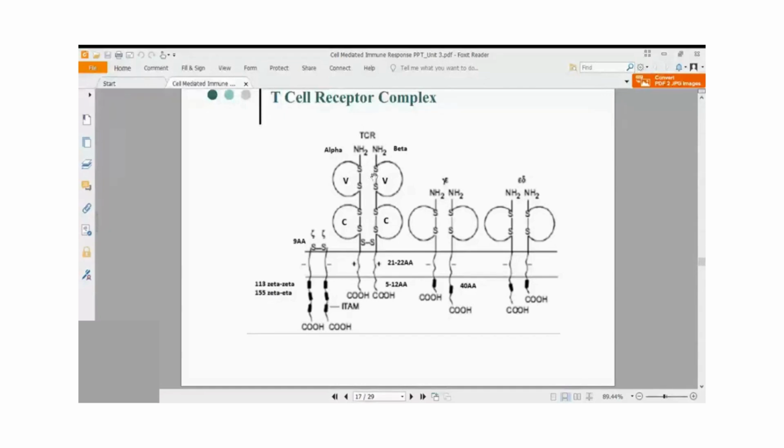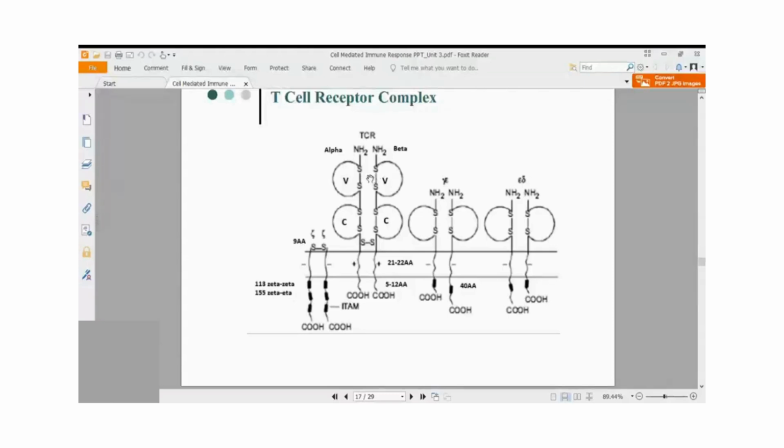Now, coming to another type of receptor, it could be a gamma delta receptor instead of alpha beta. Predominantly in CD4 T cells, it is always alpha beta. Once in a while, in the process of selection of the receptor, it may be gamma delta. And that T cell will not be a CD4 T cell; it will be either a gamma delta T cell or it could be a CD8 T cell.